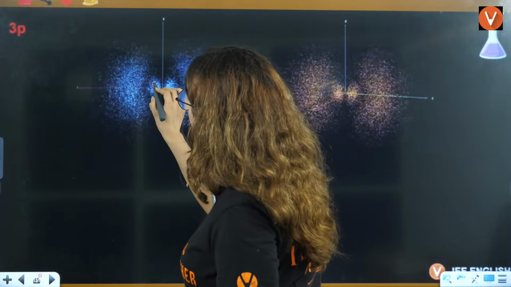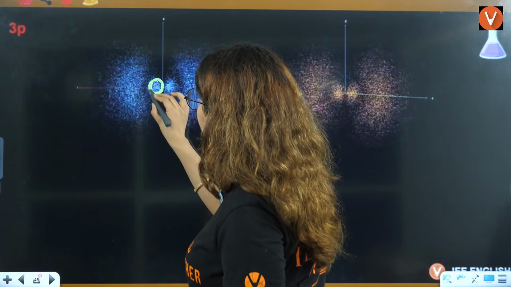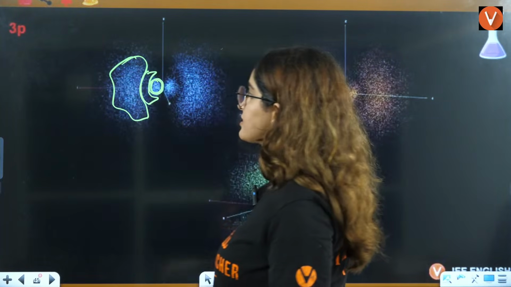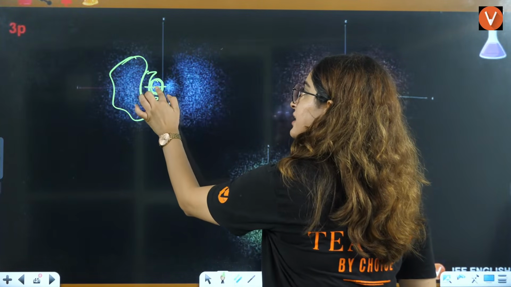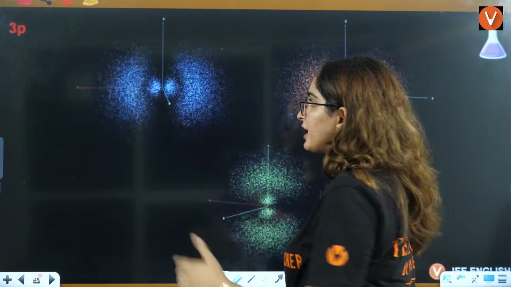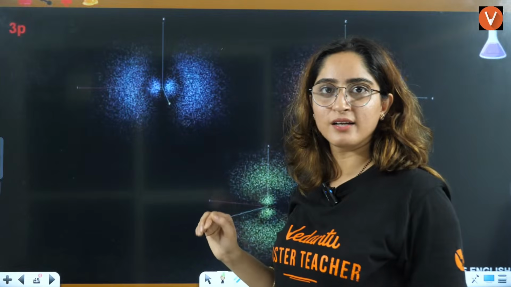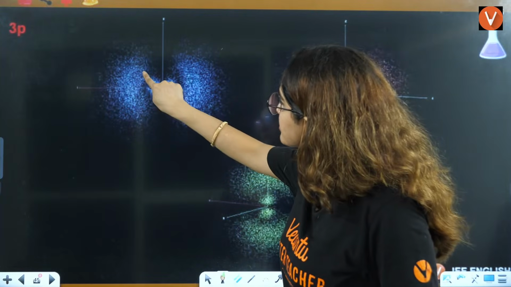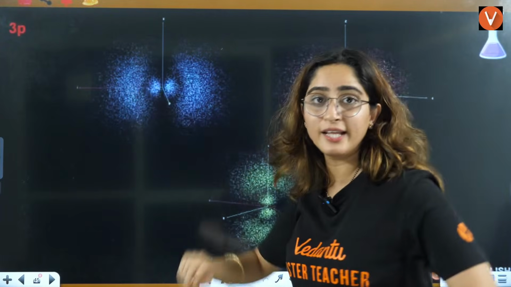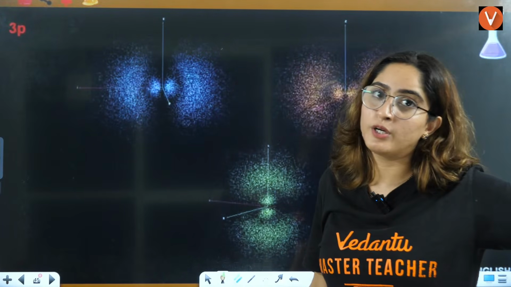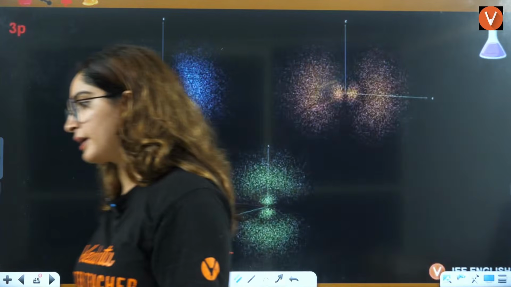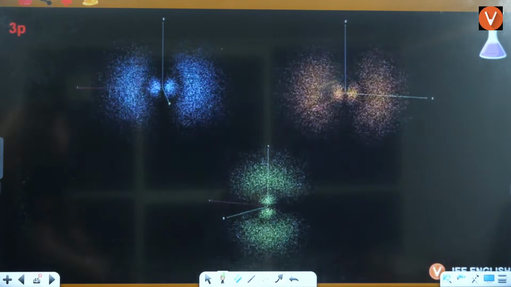But here you have electrons, then you have some gap, then again you have electrons. Now this is from the nucleus. This is not a plane. This is a proper radius. I am saying that on the radius side the probability of finding the electron is 0. That is called the radial node. Everybody got it?